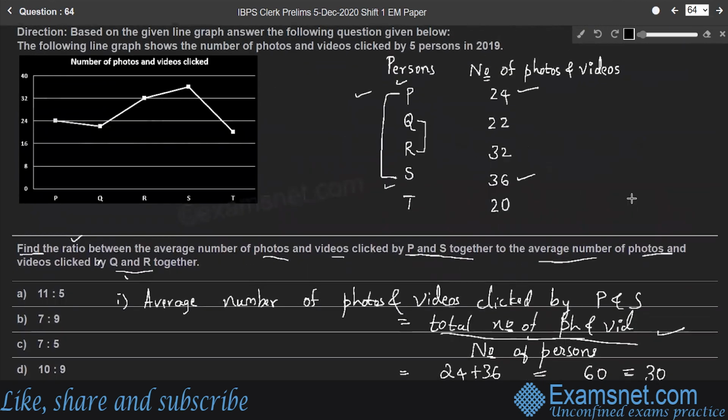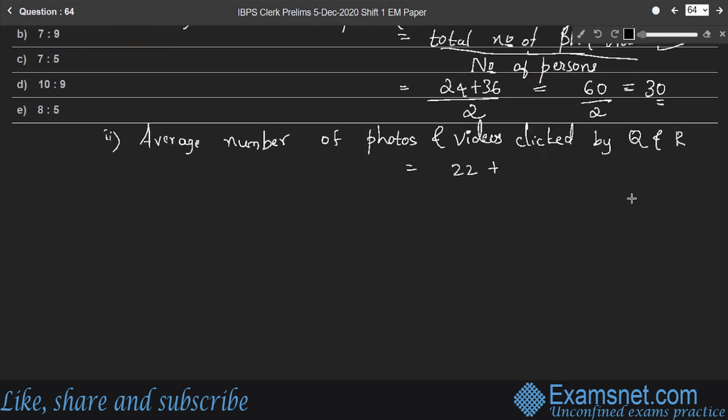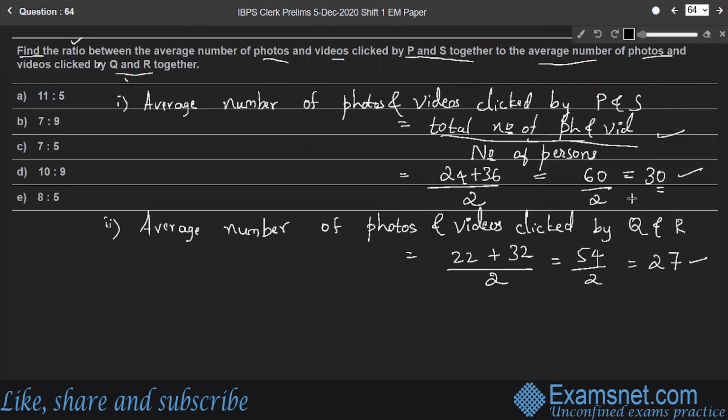So Q has clicked 22, R has clicked 32. So 22 plus 32 divided by number of persons, which is 2, is 54 by 2, equal to 27. So in the first case, the average number of photos and videos is 30. In the second case, it is 27.